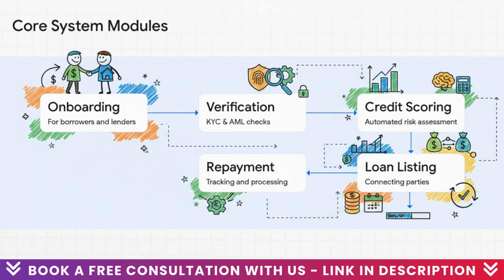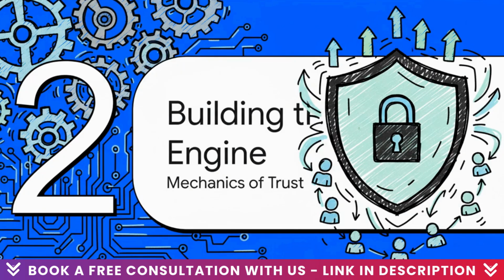Then you need a super strict verification step for things like KYC, that's Know Your Customer, and anti-money laundering checks. Then comes a smart credit scoring engine, a system for listing the loans, and of course, a precise way to track all the repayments. Each part has to be solid on its own, but the real magic is making them all work together seamlessly.